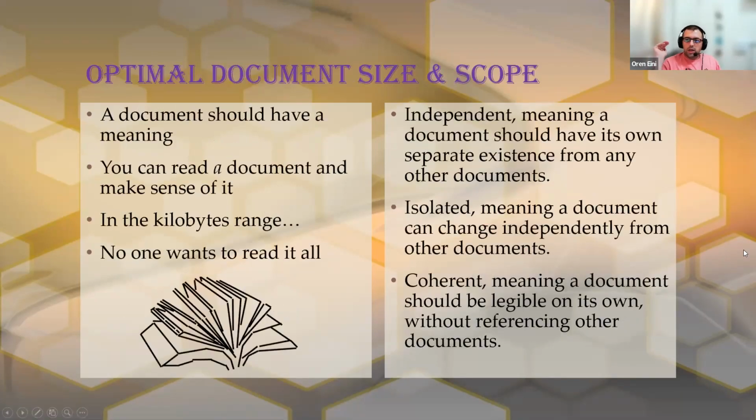So here are some basic rules for document size and the way that you should think about it. A document should have meaning. You should be able to pick it up and read it on its own. In terms of size, I like to say that a document should be in the kilobytes range. If it's 2 kilobytes or 200 kilobytes, it's okay.